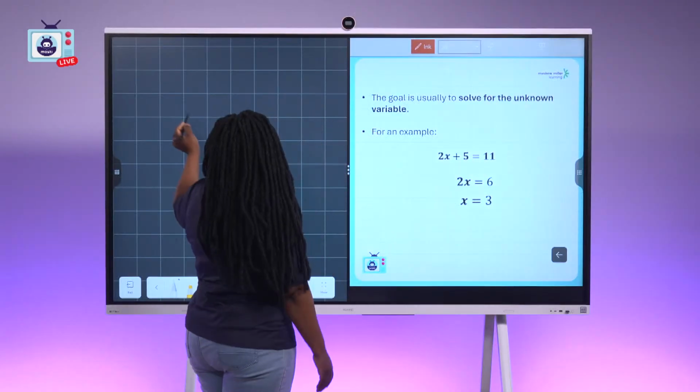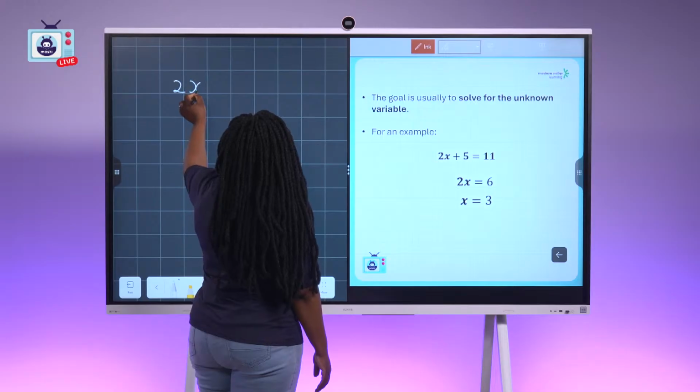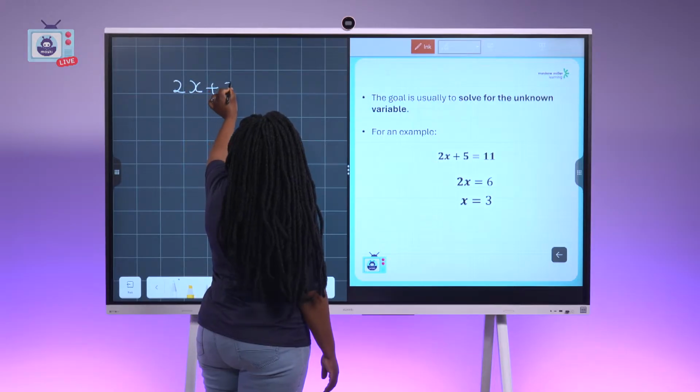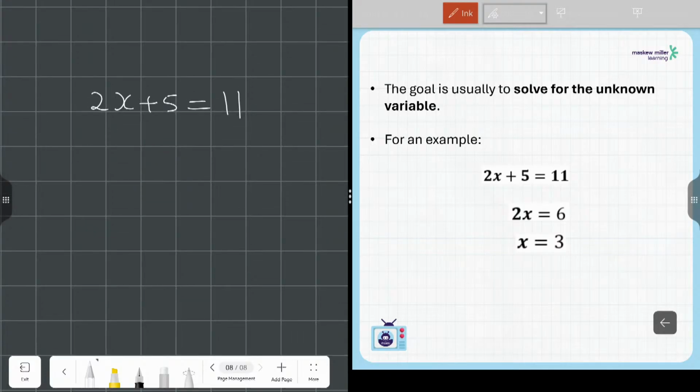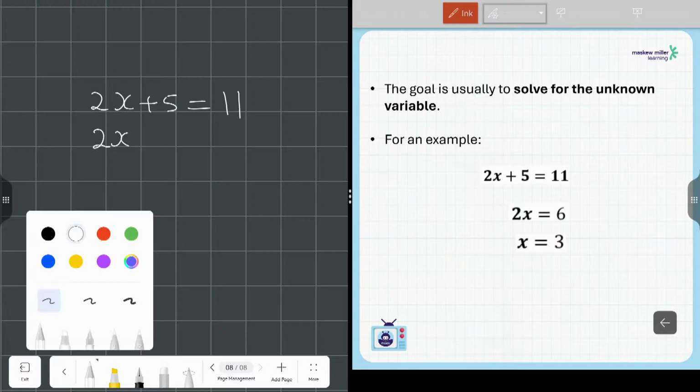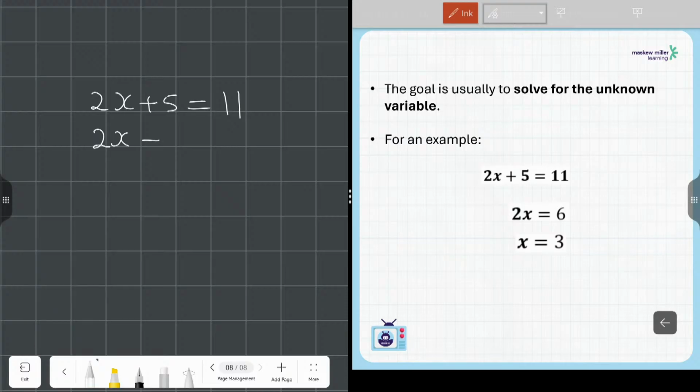So here, if you are given 2x plus 5 equals 11, let's see how we deal with this one. When you have this, what we need to do is to isolate the x; it must be alone. How are we going to isolate it? We need to make sure that we remove everything so that the x can remain by itself. So we do have the 5, but this 5 must go away.